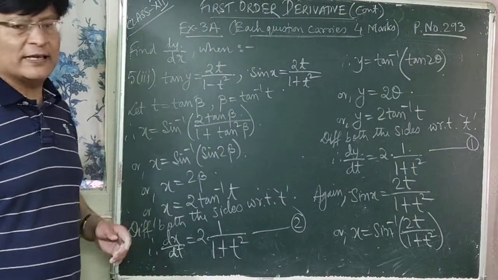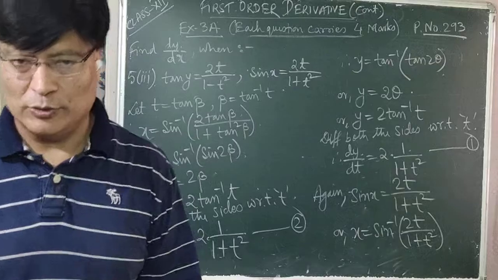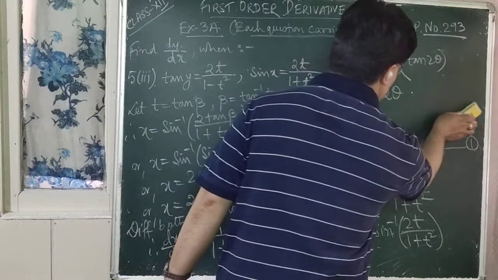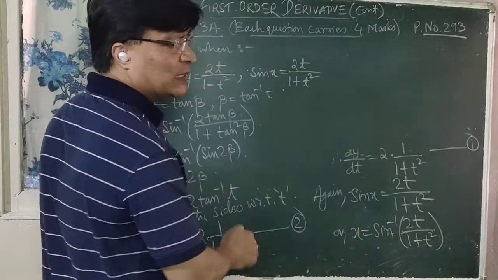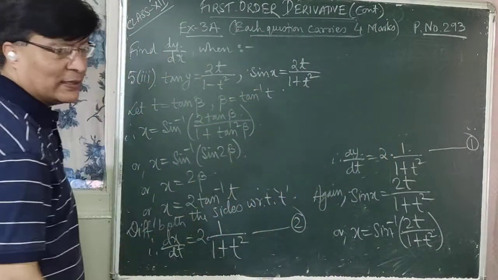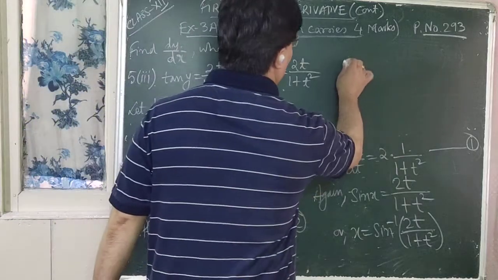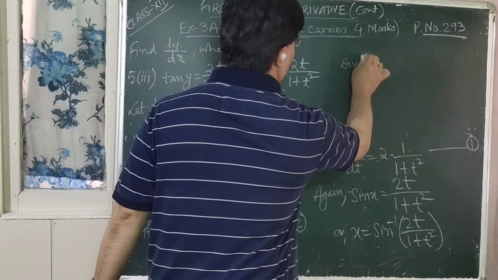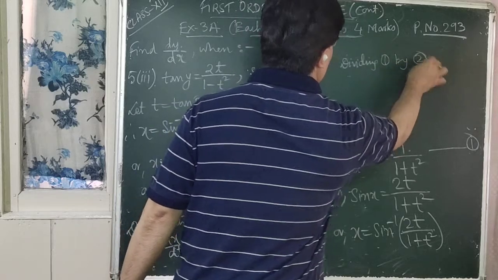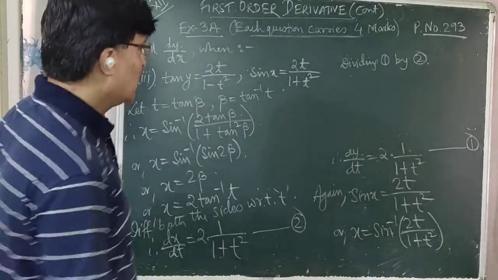And now you have to find out dy by dx. So what will you do? You have to divide 1 by 2, right? So dividing 1 by 2, what do we get?